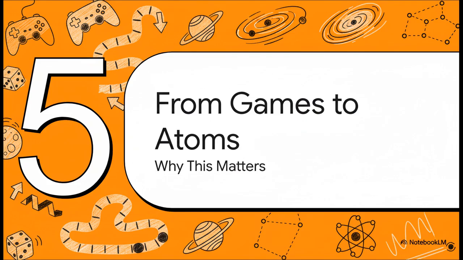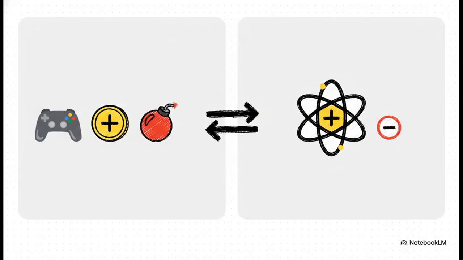Well, because it turns out this simple idea of balance isn't just a math trick, it's a fundamental principle of how our entire universe is built. Now, this is where it gets really cool. Think back to our little positive and negative chips. Well, in chemistry, you've got protons with a positive charge and electrons with a negative charge.